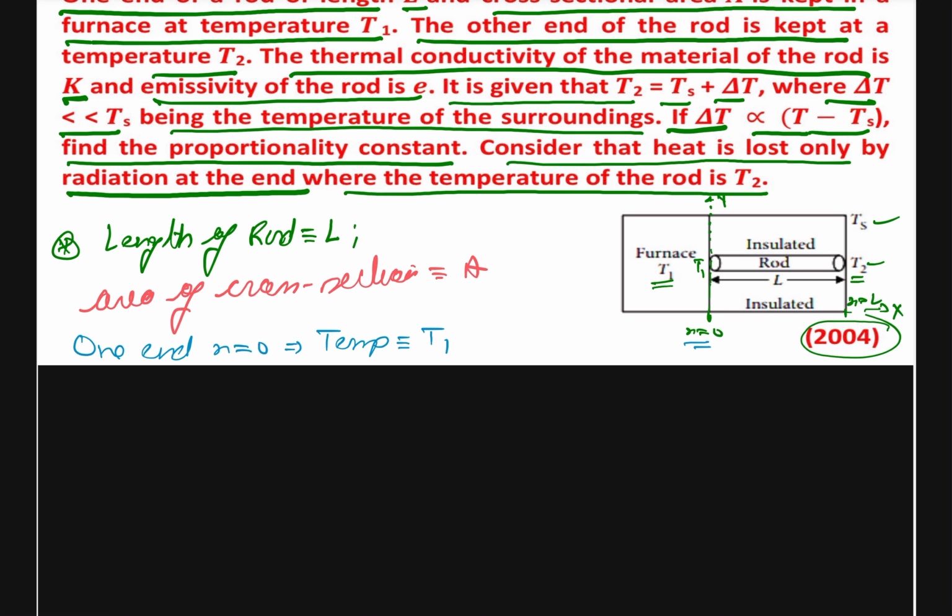So let us call these ends P and Q. This end we are calling as P. And we have other end.